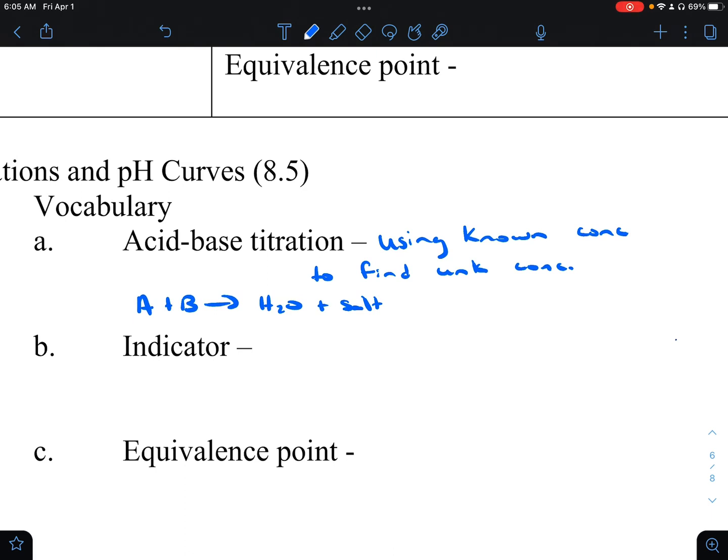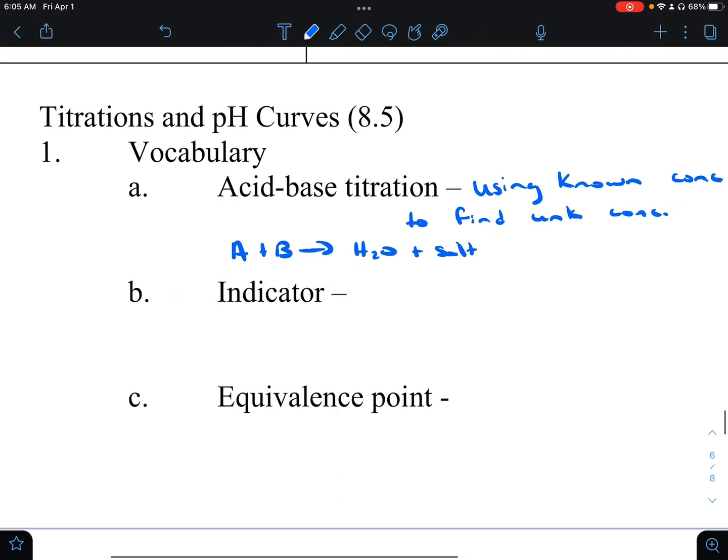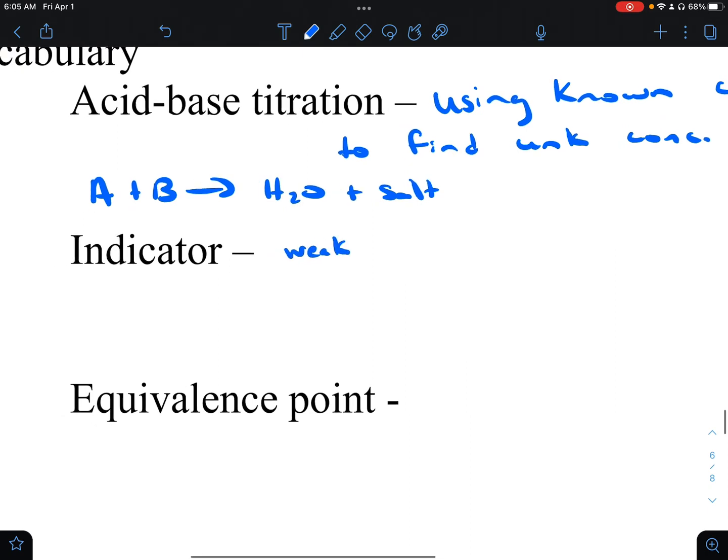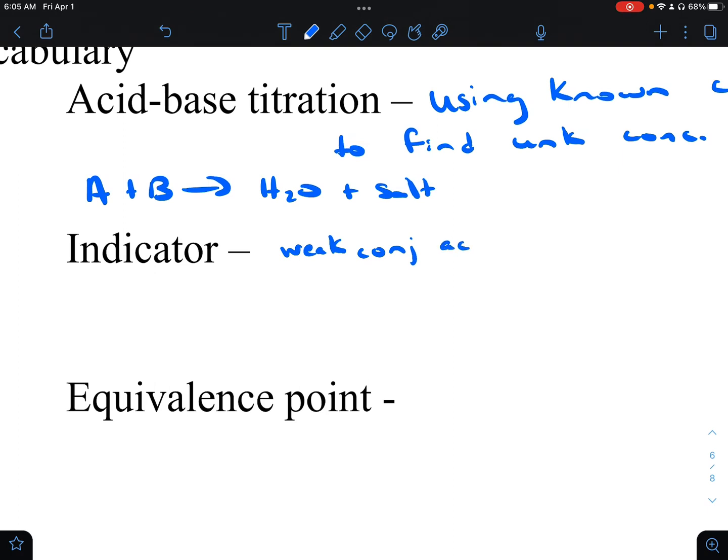We have used some indicators in class already. An indicator is a weak acid and its conjugate base, or a weak base and its conjugate acid.